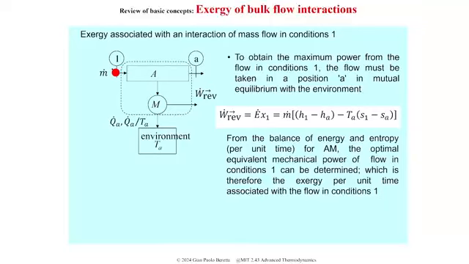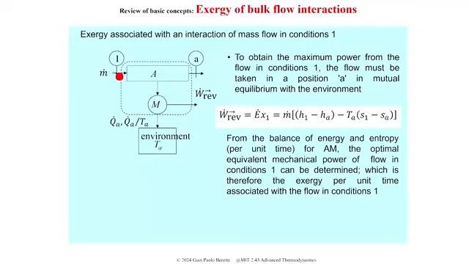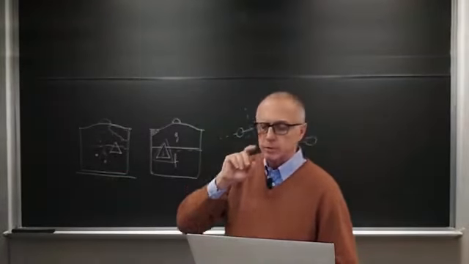And here I use the environment in two ways. The first way is that I want my machinery to process the flow without accumulating the material. So the mass that goes in must also go out and must be given to the environment.